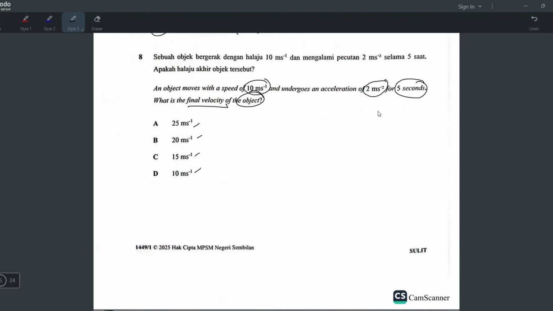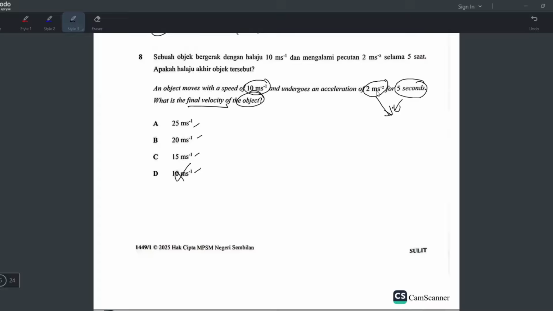So I think you have to find out the speed here and then plus with 10. Because when you travel with a speed of 10, you accelerate. So definitely your answer will not be 10 already, because when you accelerate it means you increase the speed. So it's either 15, 20 or 25, right?